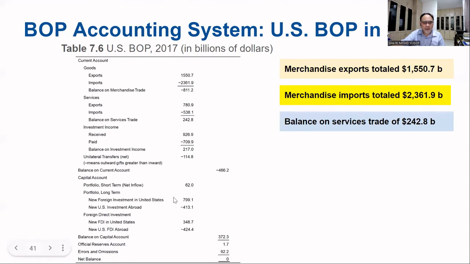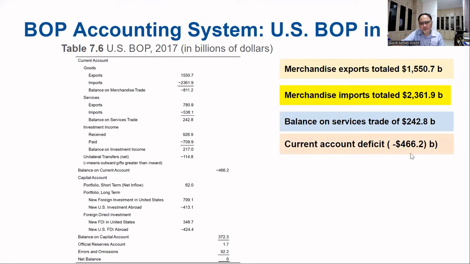And in terms of capital account, the current account deficit is 466.2 billion. We need the negative because when you do the balance using the formula, we need to actually have that negative.